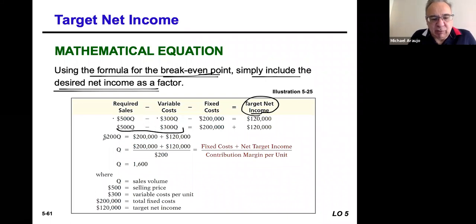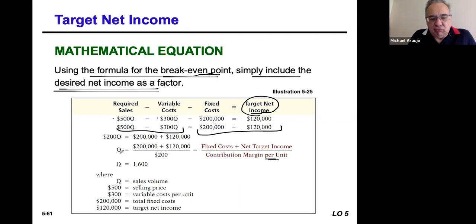And on this side, you'll add 200,000 to each side to get rid of this piece, so you'll have basically $320,000. And you're going to divide that by the contribution margin per unit, which is $200 per unit, the difference between these two.